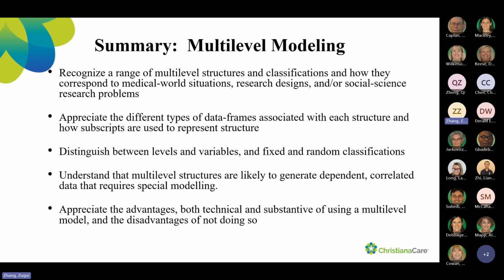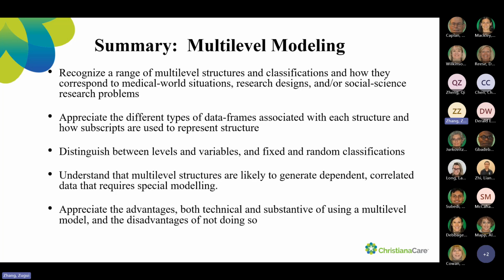The main purpose of multi-level modeling is to examine the impact of the organization or the higher levels on the outcomes. Using multi-level modeling, we can look at the impact of organization or other things.